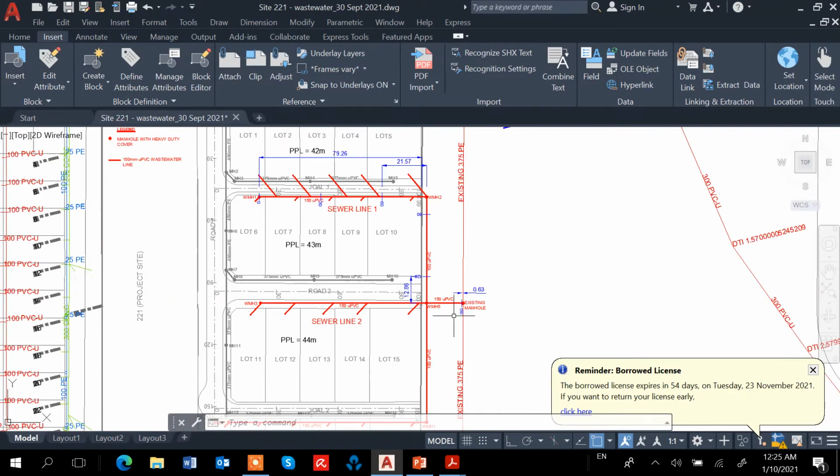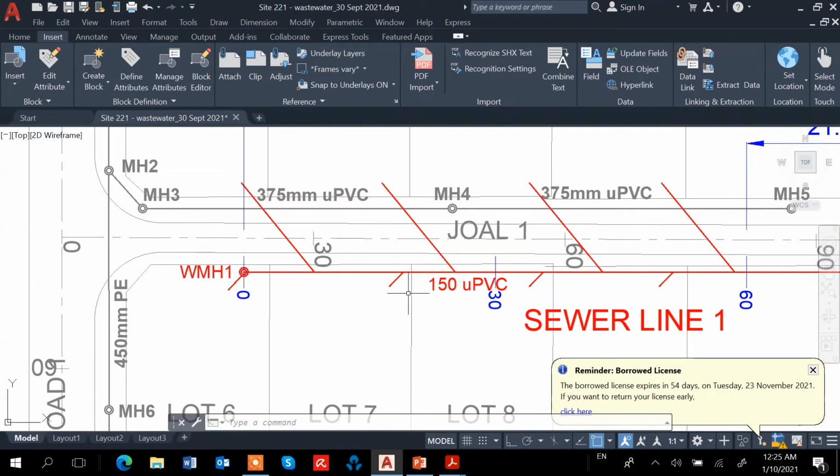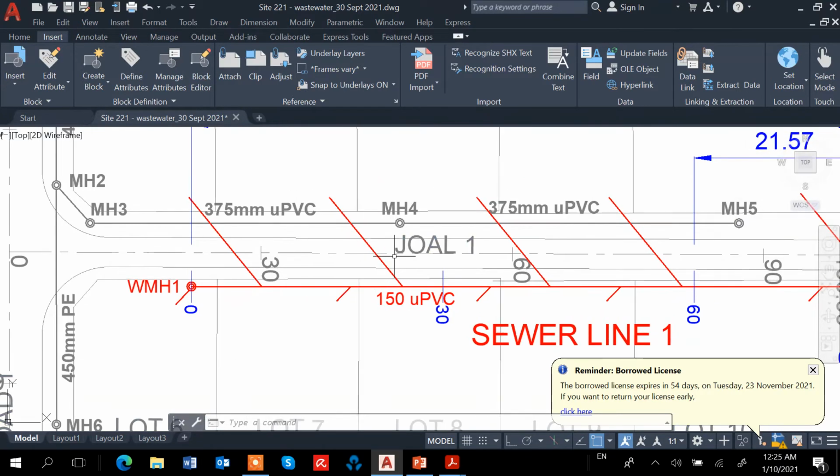So we just draw the line here. For the one lot we can just put a connector pipe here, and for this pipe along draw one, we need to serve the other side as well.